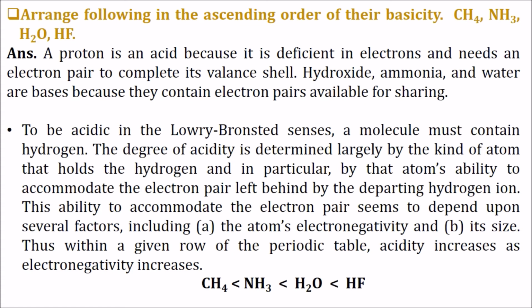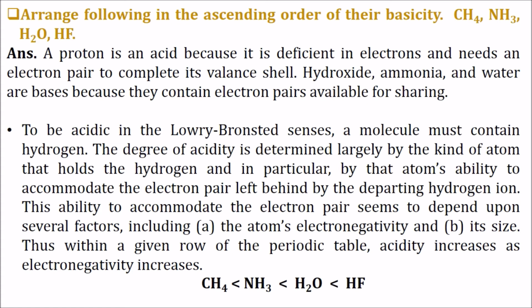A proton, meaning H plus, is an acid because it is electron deficient and needs an electron pair to complete its valence shell. Hydroxide, ammonia and water are known as bases because they contain an electron pair available for sharing.